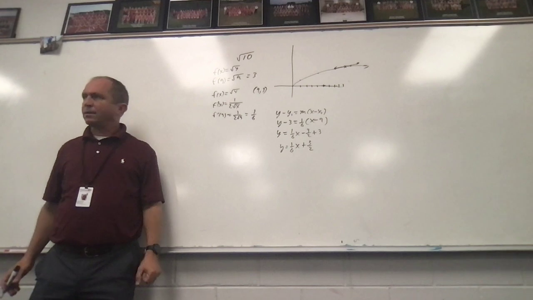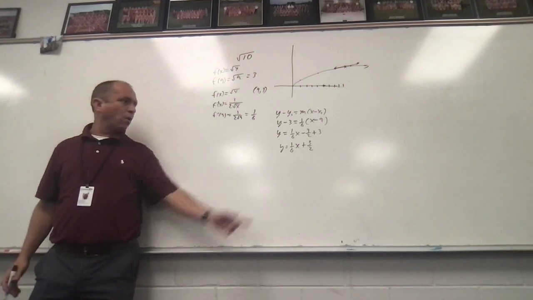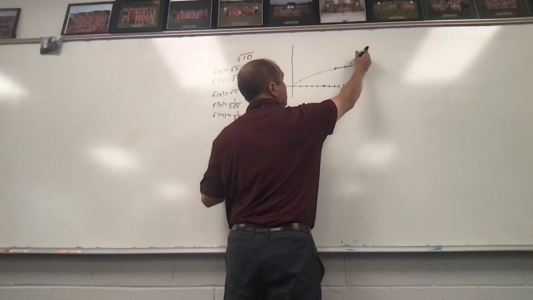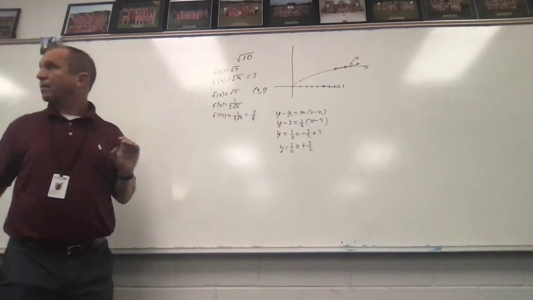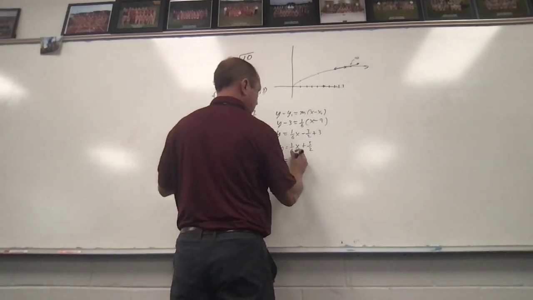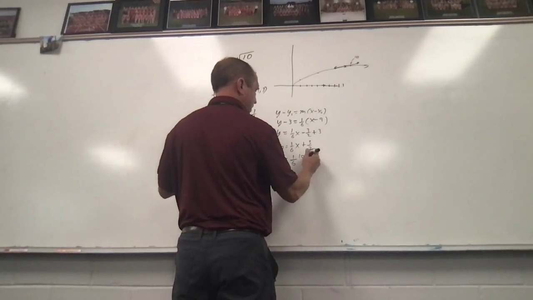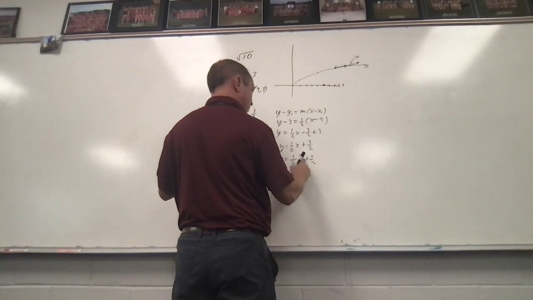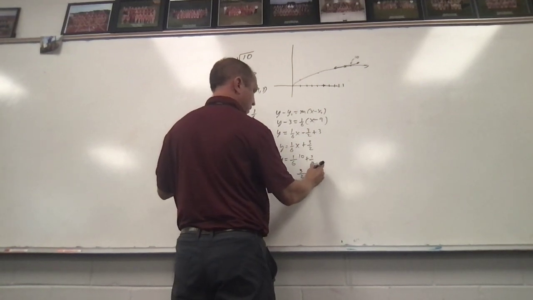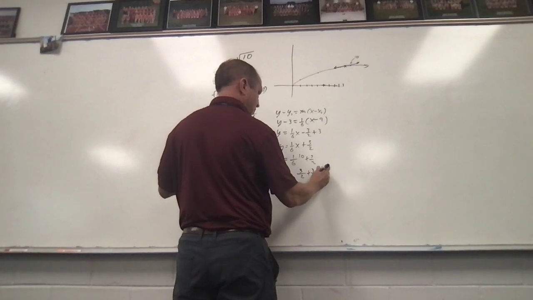So what is that x value that I'm wanting to know the approximation for? It's 10, right? Are y'all with me? Okay. So y equals 1/6 of 10 plus 3/2. So 10/6 is 3/2.